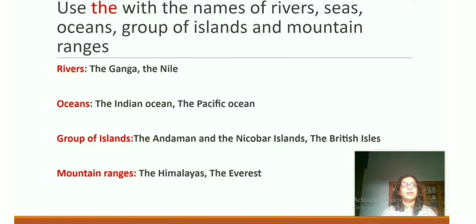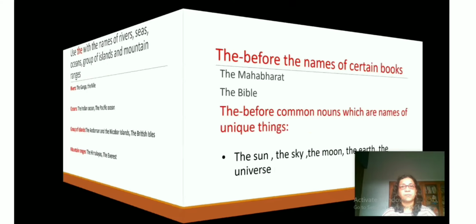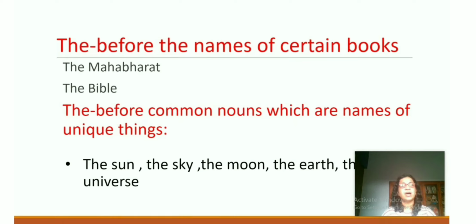Use the with the names of rivers, seas, oceans, groups of islands and mountain ranges. You say the Ganga, the Nile. For oceans, you say the Indian Ocean, the Pacific Ocean, the Atlantic Ocean. With a group of islands, you say the Andaman and Nicobar Islands, the British Isles, then the Himalayas, the Everest. You use the article before the names of certain books.